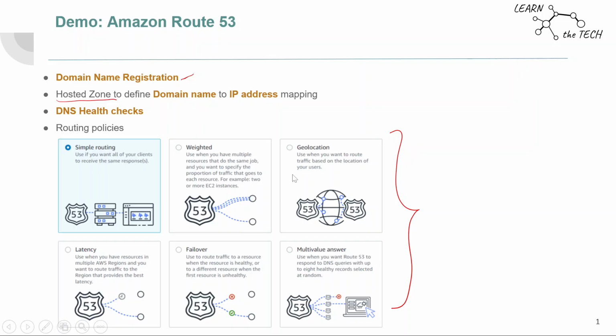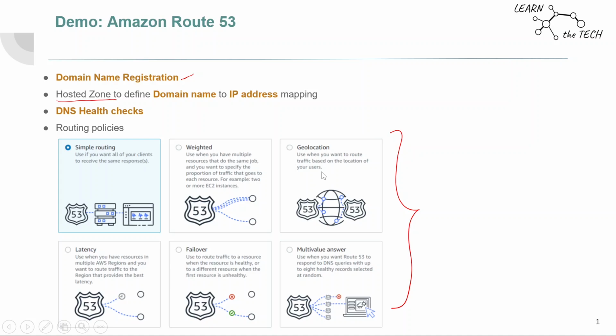Now, sometimes you have users spread across the world, and you have launched your application in different AWS regions. And what you want to do is you want to direct user to the EC2 instance which is closest to the user's location.